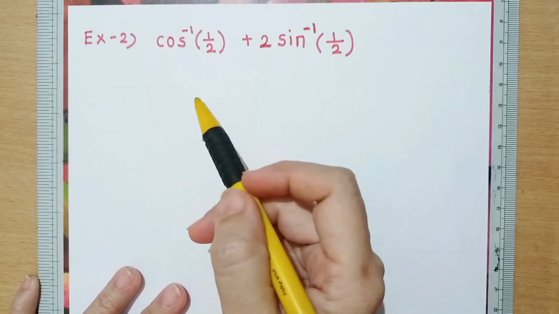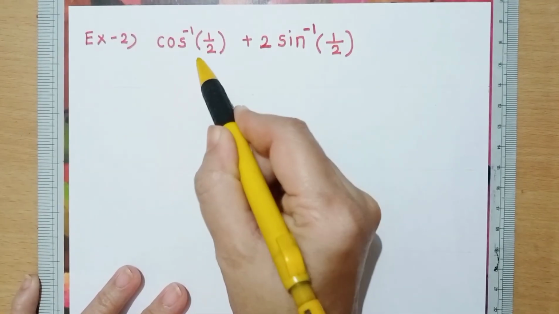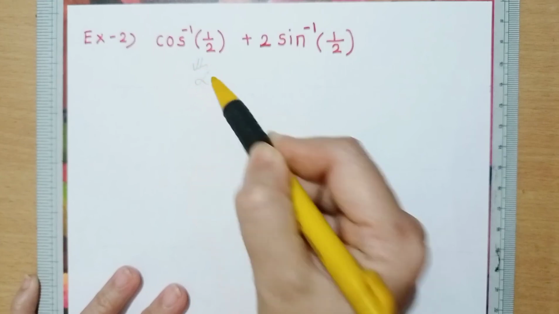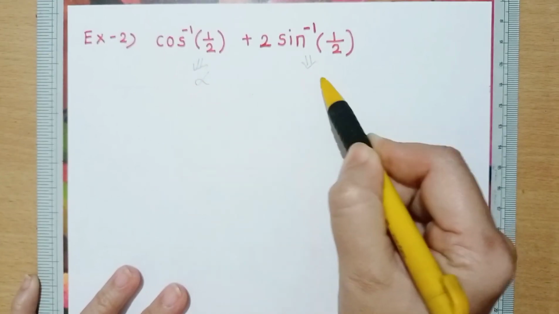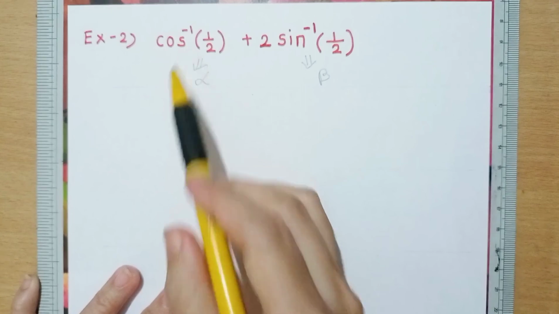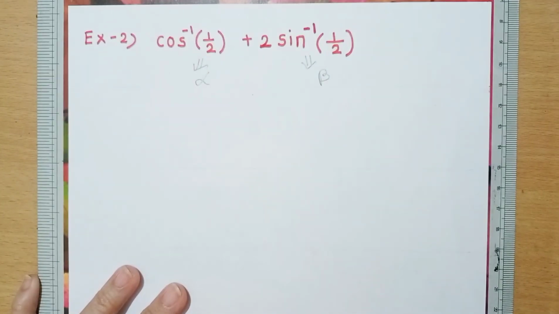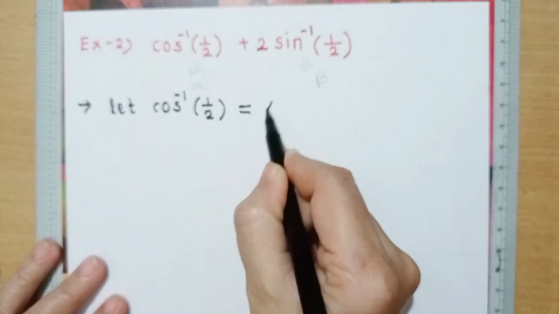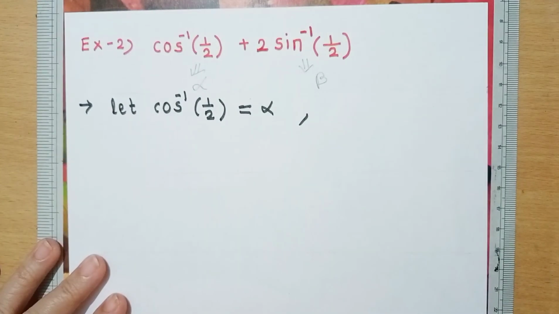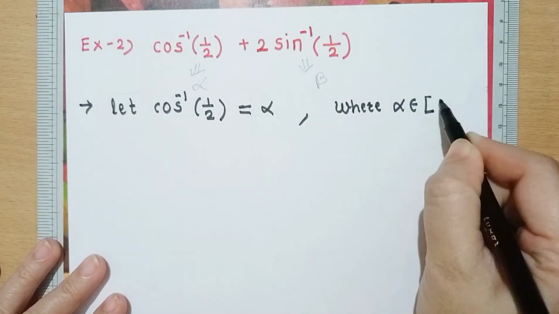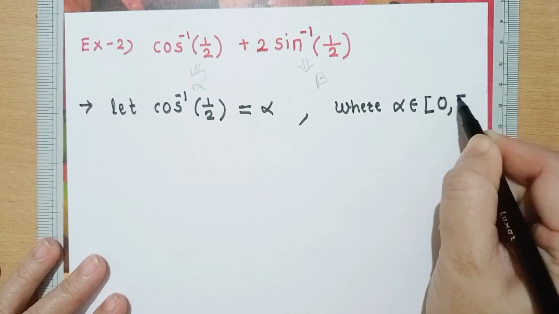This is our second example, and so we will assume the value of this function as alpha and this function as beta. So first we will find the value of the first function. This equals alpha, where alpha belongs to the closed interval 0 to pi.